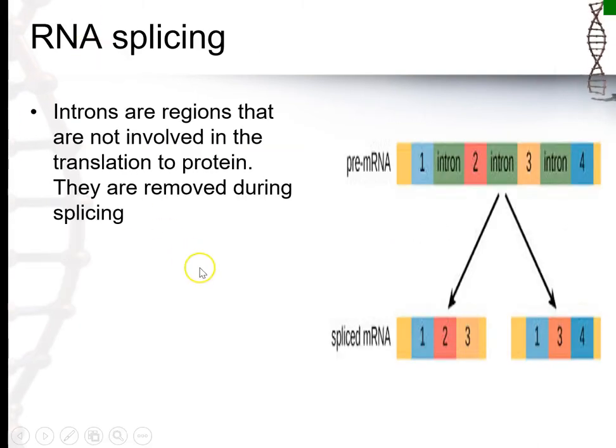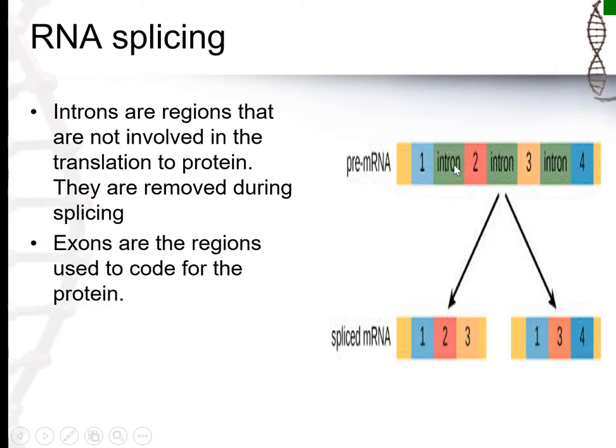Once RNA is made, it can actually be spliced, so it makes the pre-RNA and then it splices out the introns. But it can do this in different ways. In most genes, it just splices 1, 2, 3, 4, but especially in the immune system, it can splice like 1, 2, 3, or 1, 3, 4.